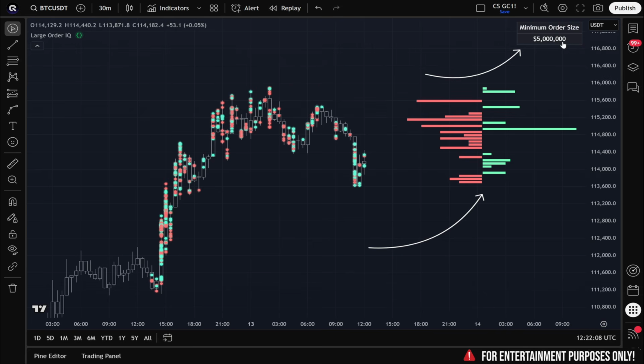To give you a higher level overview, Large Order IQ lets me track large order clusters and where big money is entering or exiting the market, and then builds a volume delta profile based on that information, which gives me the complete package to thoroughly detect where big money is buying and where big money is selling.